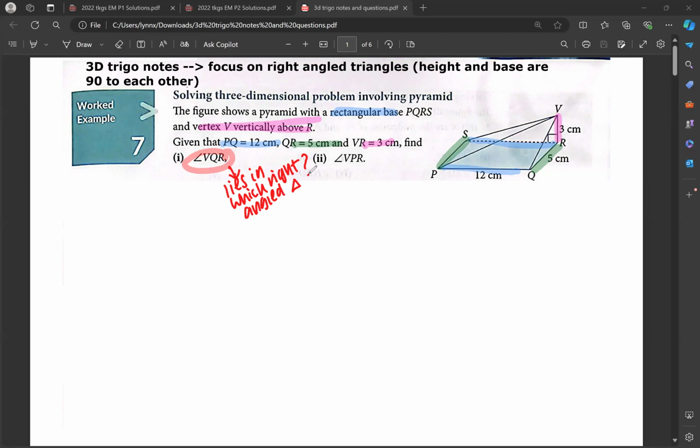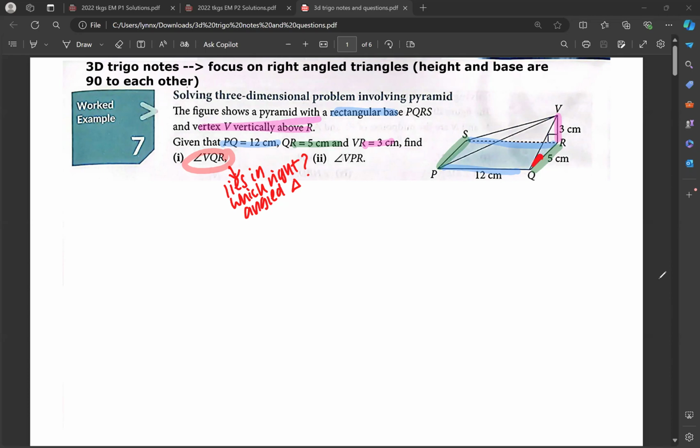Who is able to find? For VQR, VQR lies in which right-angled triangle? Excellent. So Shansi got it already. Angle VQR lies in triangle VQR.